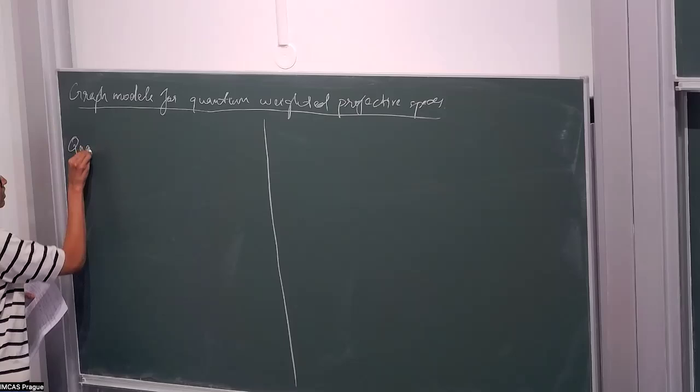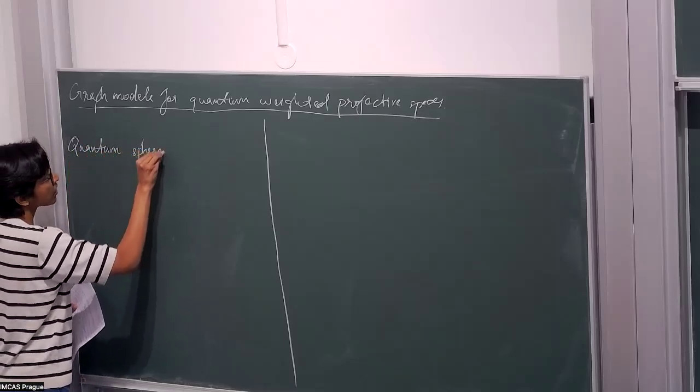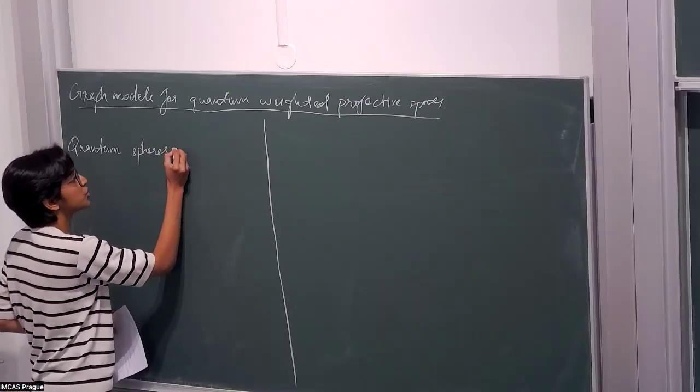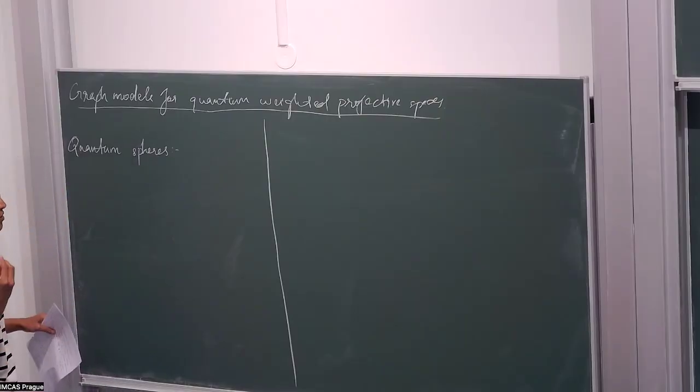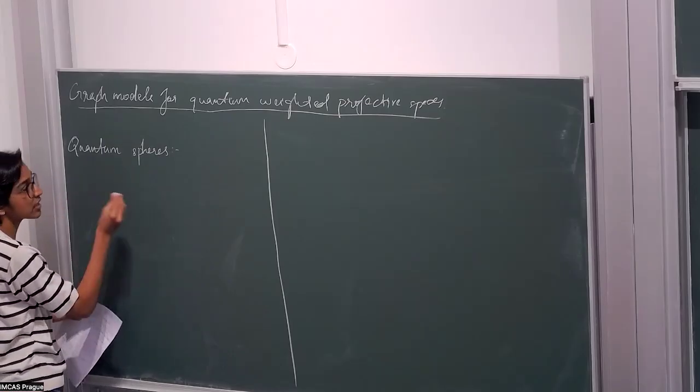So we have the quantum spheres, which are defined as quantum homogeneous spaces of O_q(SU(n)), considered by Vaksman and Soibelman, and they can be described in terms of generators and relations as follows.